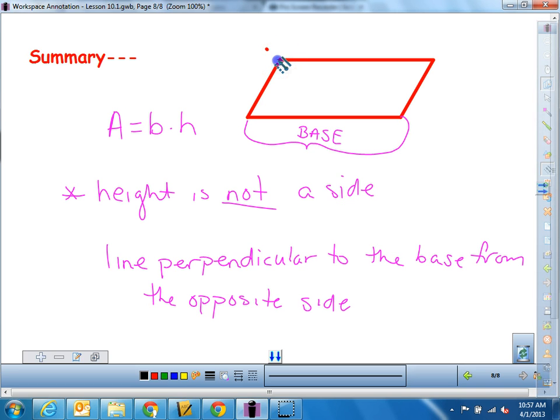We're going to go from this point here straight down, so that should make a 90-degree angle. And so with that, this right here is your height, H-E-I-G-H-T. So our base is here, our height is this line that's dropped. This is simply a side. It has nothing to do with our formula for today. So please make sure you get this in your summary, answer those couple of questions, and I will see you tomorrow.